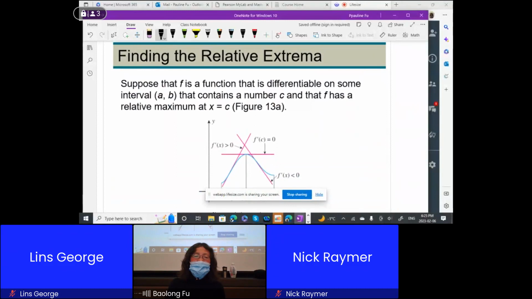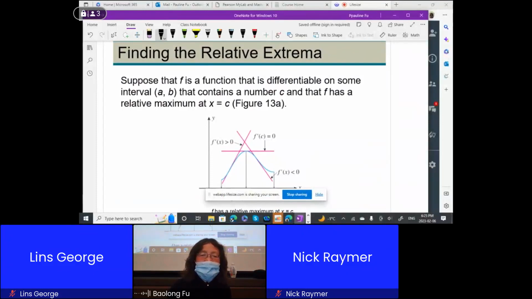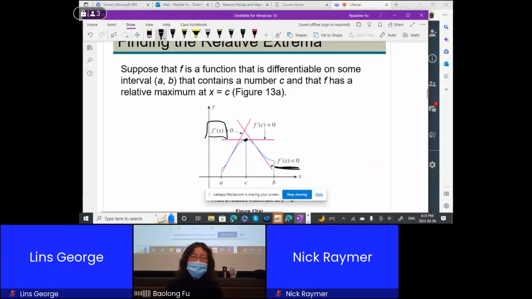Now, how do we find the relative minimum and relative maximum? We take the derivative. If derivative greater than 0 changes to derivative smaller than 0, we know this one is a relative maximum.